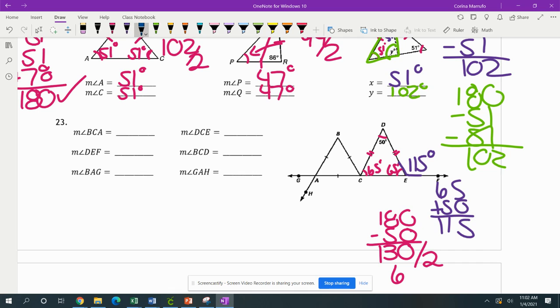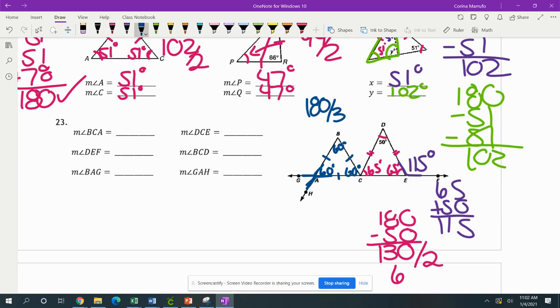The next thing that I do notice is that these tally marks here mean that all the sides are the same, so all the angles have to be the same. If all the angles are the same, 180 divided by 3 would give us 60. So all the angles would be equal to 60. Now this rule, you can remember, these are considered vertical angles, right?